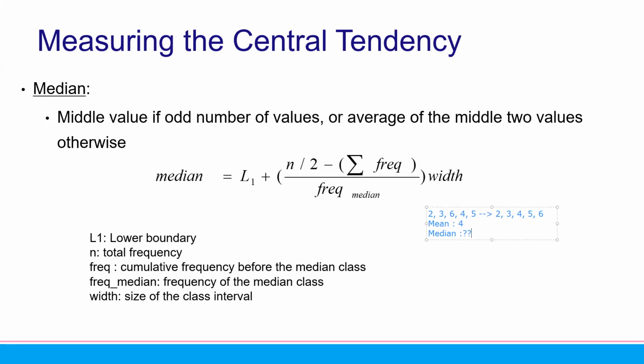Now, why do we need to calculate the median? Let's suppose I have another kind of data: 2, 3, 6, 5, 4, and 1000. Okay, what is the mean?